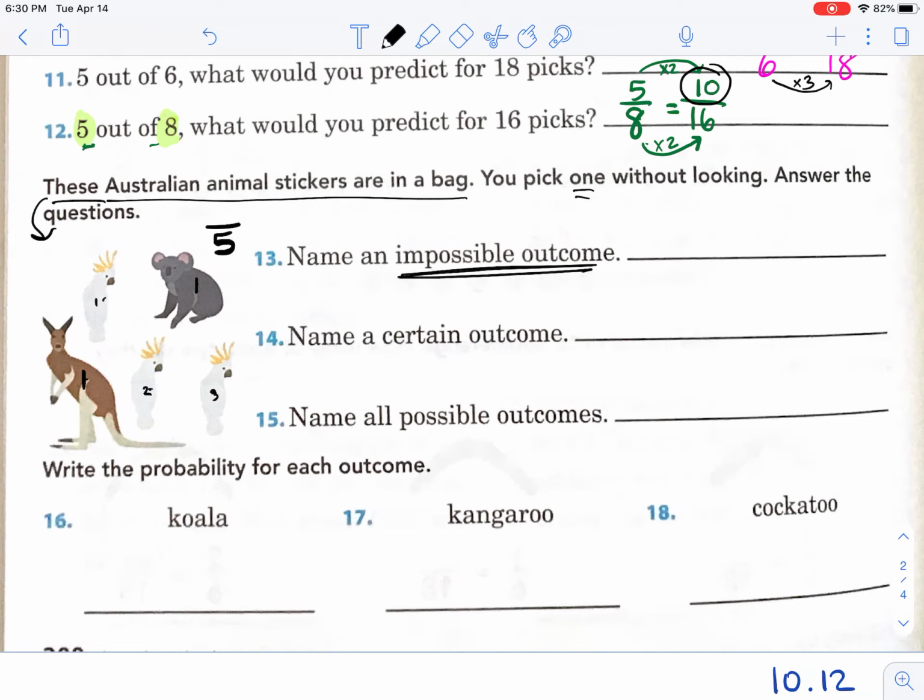What would be impossible? The funny thing about this one, boys and girls, it just means something that's not in the bag. Everything that you see here is in the bag. So an impossible outcome would be pigs, a ladybug sticker, a butterfly sticker, or a horse sticker.